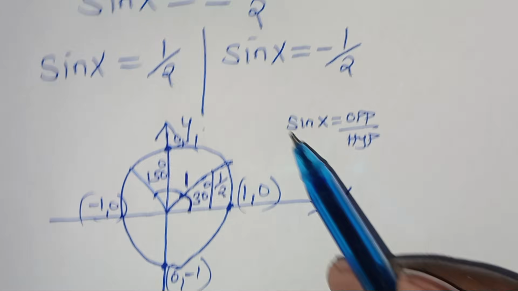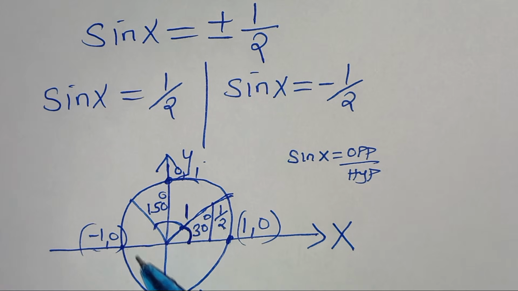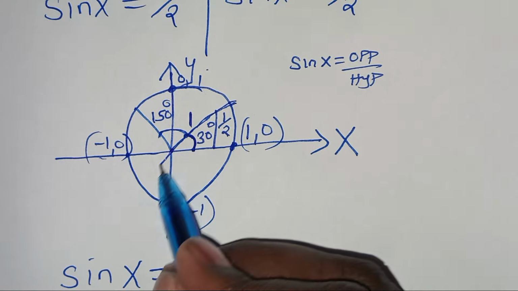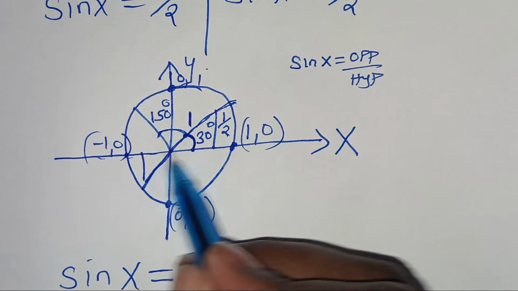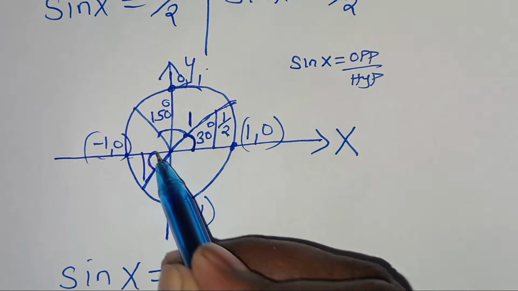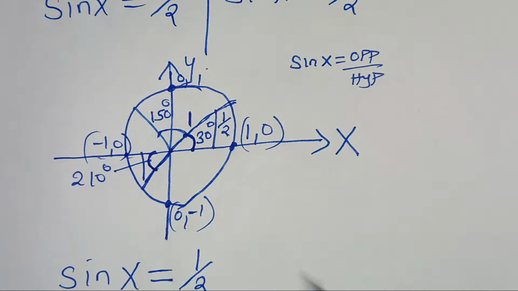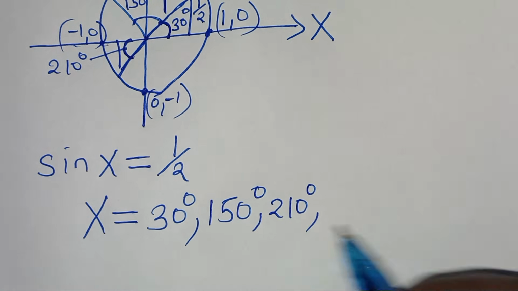Now, sine x equal to minus a half, these should be the angles below the plane. In this case, we have another angle here. This is 180 plus 30, and this is equal to 210 degrees. So here we have 210 degrees.